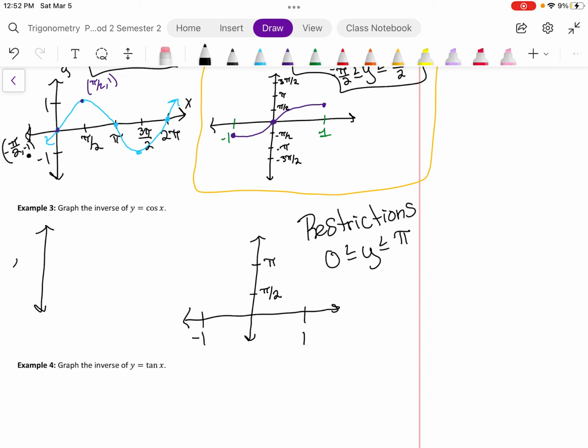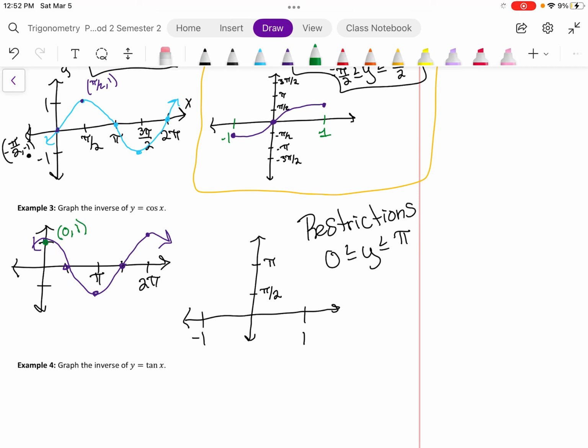If we were to look at our cosine function on a graph, that goes from 1, 0, -1, 0, 1. So our first point is at 0, 1.